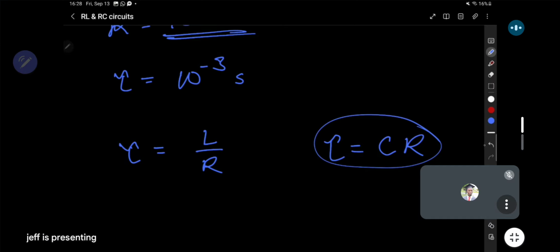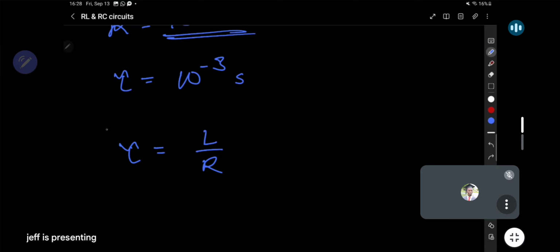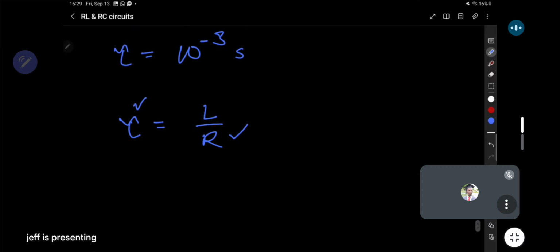But in this case, we're dealing with an inductor. This is how the inductance and the resistance relate. Since we already have the time constant and the resistance, we can easily get the inductance.